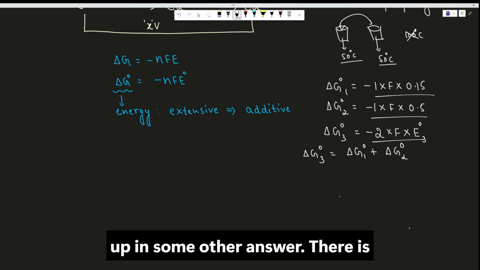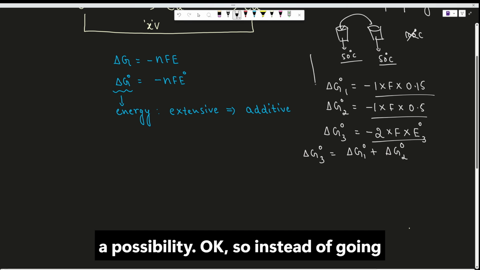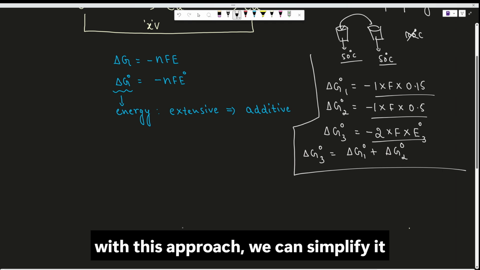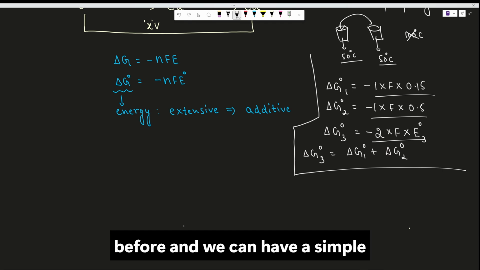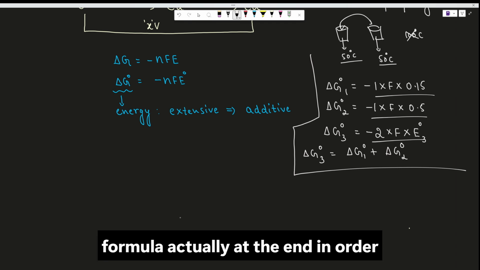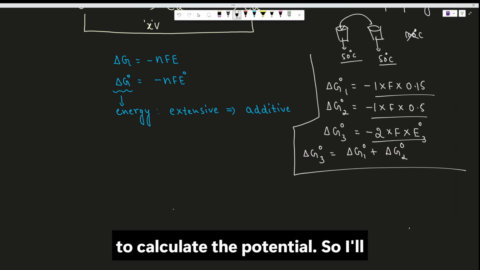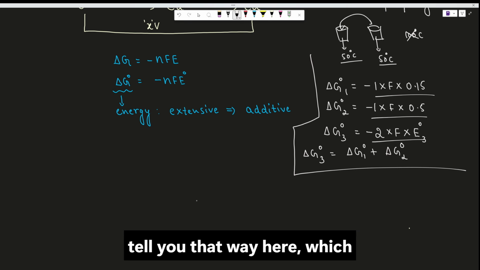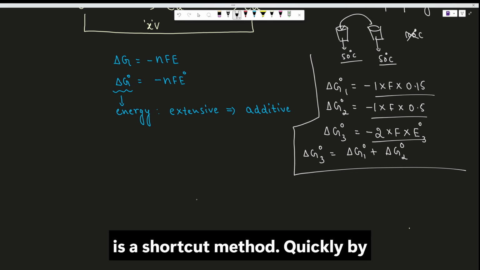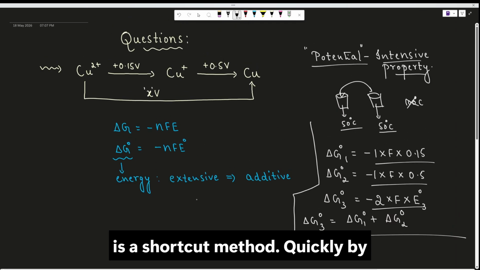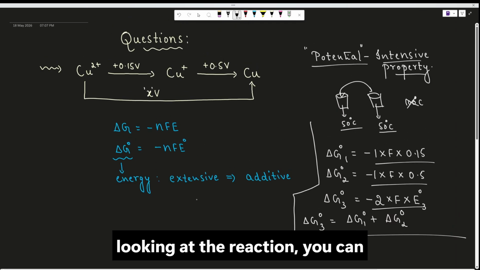There is a possibility. Okay, so instead of going with this approach, we can simplify it beforehand and have a simple formula at the end in order to calculate the potential. So I'll tell you that way here, which is a shortcut method. Quickly, by looking at the reaction, you can calculate the potential.